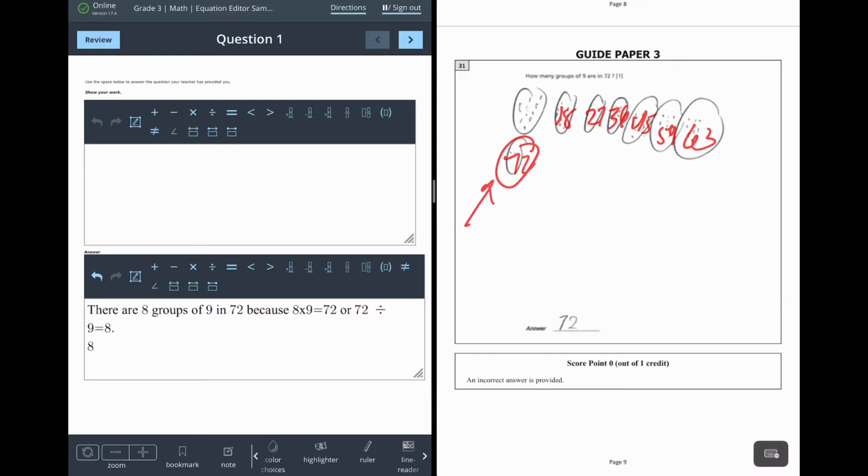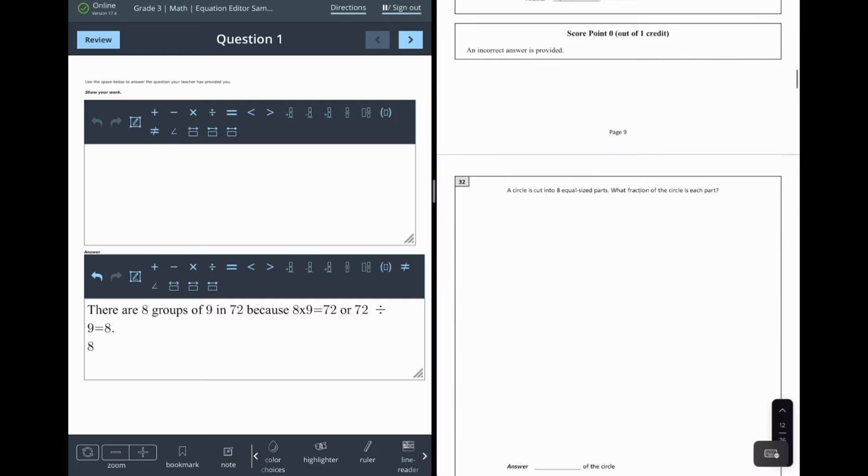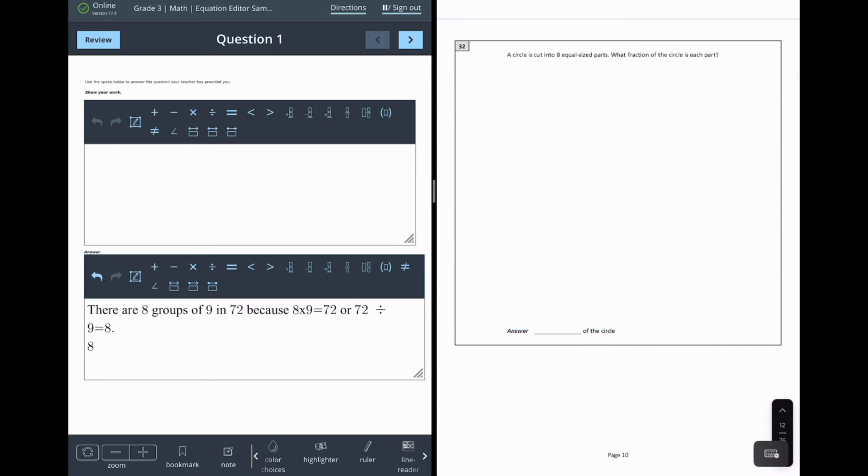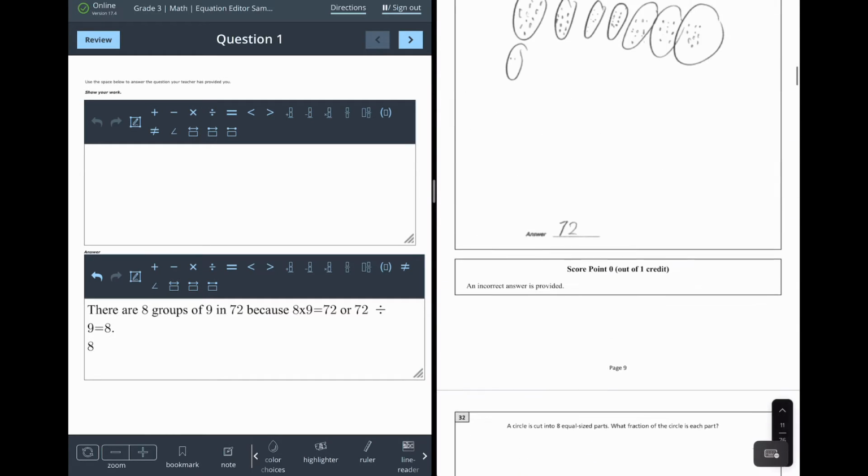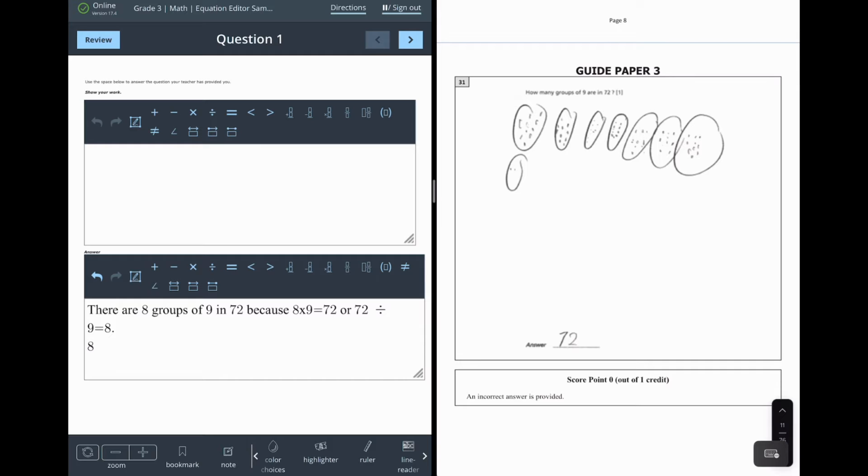So that's another thing that can happen. I don't see all of it drawn out, but I can see that he was just drawing all the 9 dots. That's fine. So that makes a lot of sense. Look at all these different ways that we can get to 72. Now, this kid, of course, he just wrote the answer 72, and that's why he doesn't get any credit because he didn't say there were 8 groups.